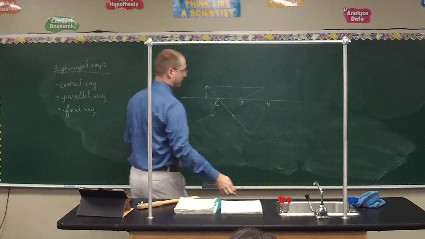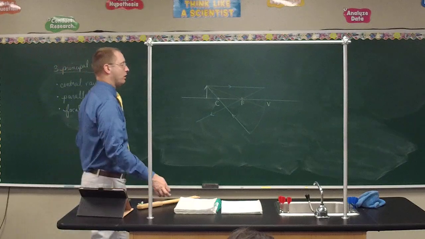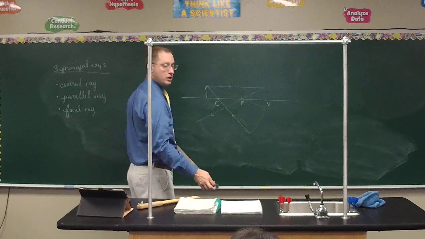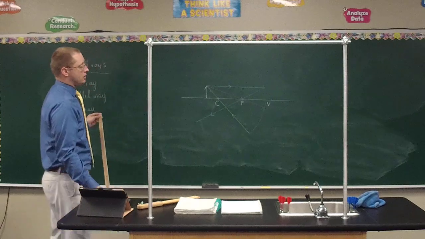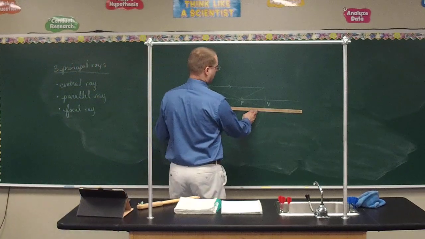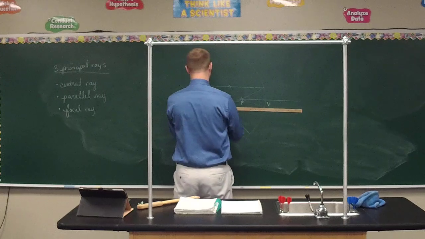It's going to hit the mirror, and once it hits the mirror, it's going to reflect how? Parallel to the principal axis. So we'll try to approximate a parallel here.